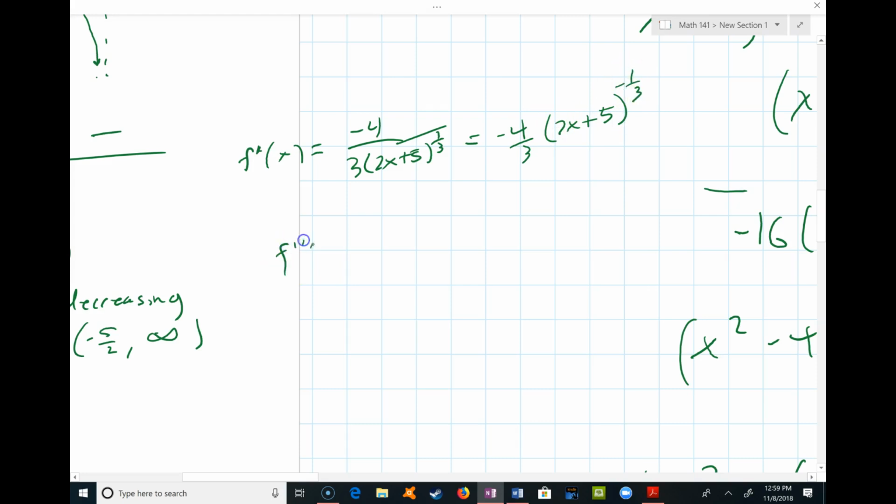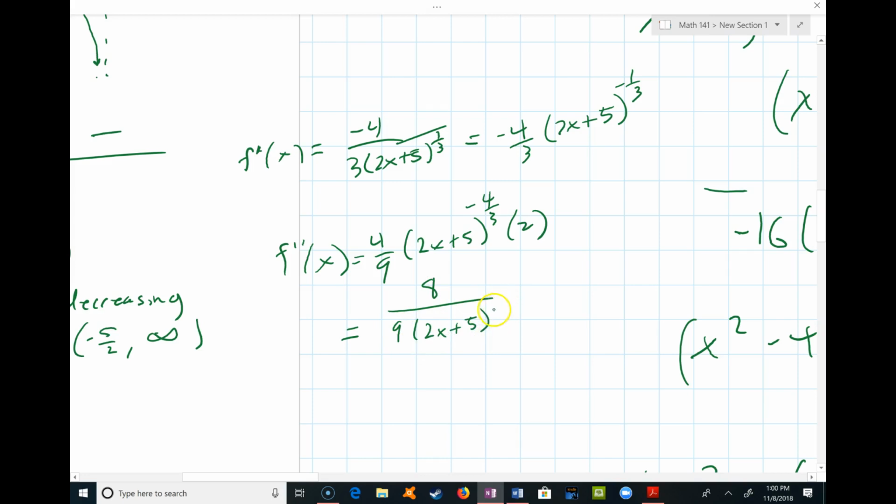So when I take the second derivative, in other words, I take the derivative of the first derivative, I multiply that by negative 1/3, it turns into positive 4/9 times (2x plus 5) to the negative 4/3 times 2. So then we have 8 over 9 times (2x plus 5) to the 4/3 power.